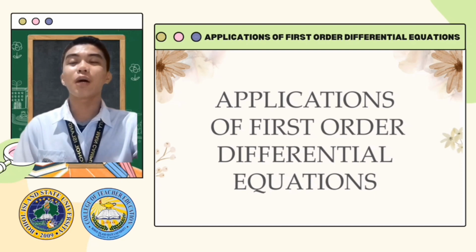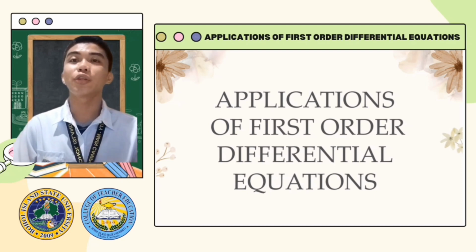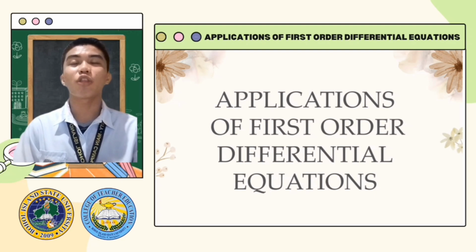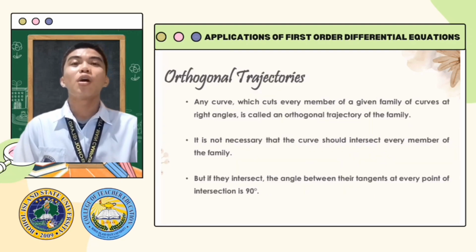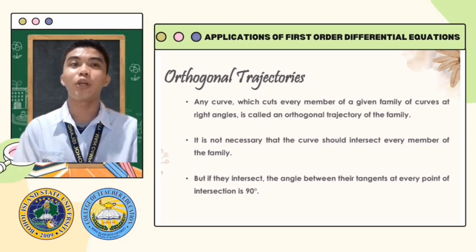The first application of first order differential equations is orthogonal trajectories. Any curve which cuts every member of a given family of curves at right angles is called an orthogonal trajectory of the family.